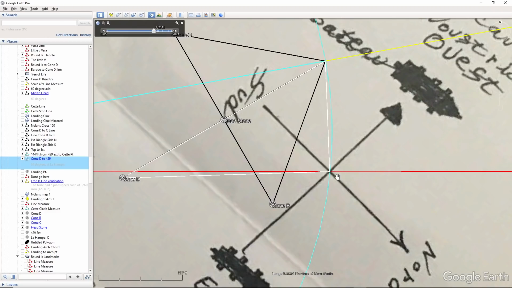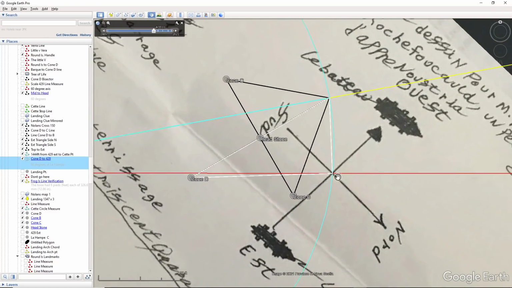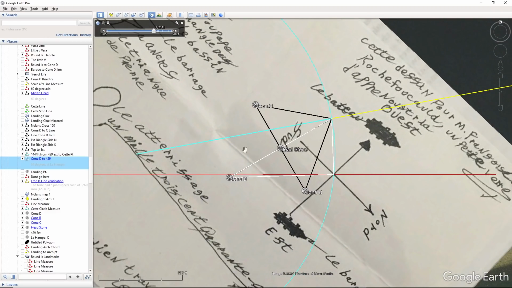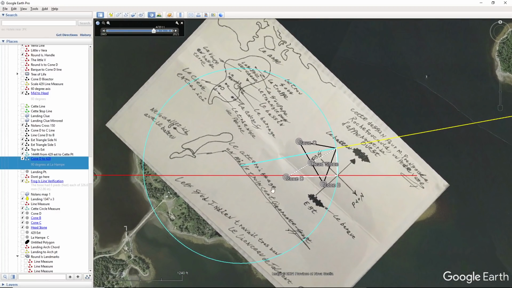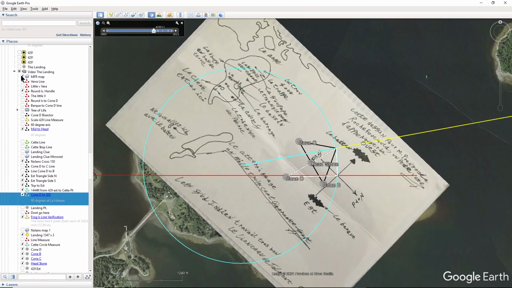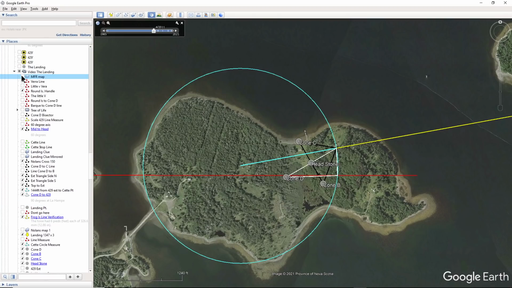So basically, a square and compass is what is used to determine these geometric positions. So this is how we bring the information of the Rochefoucald map to Oak Island.